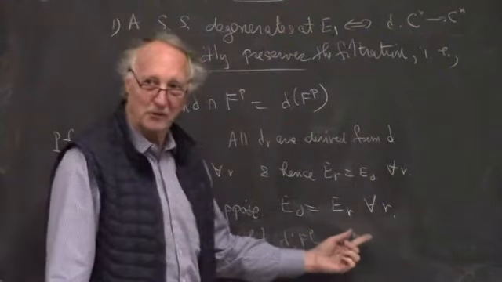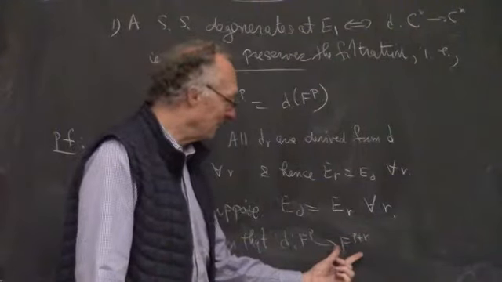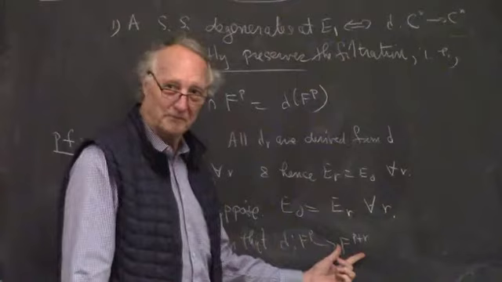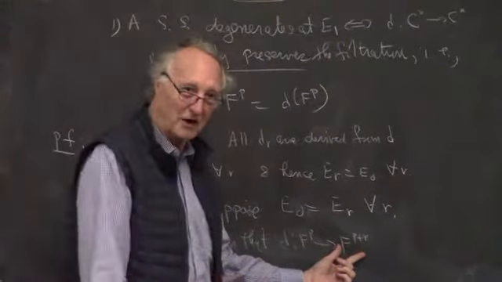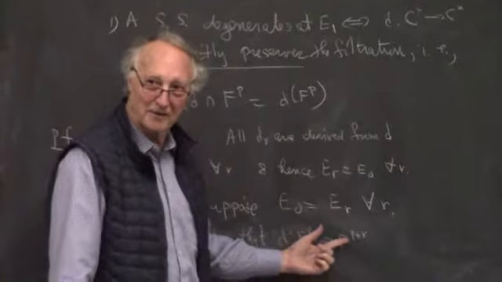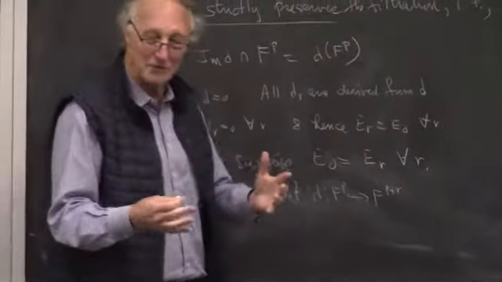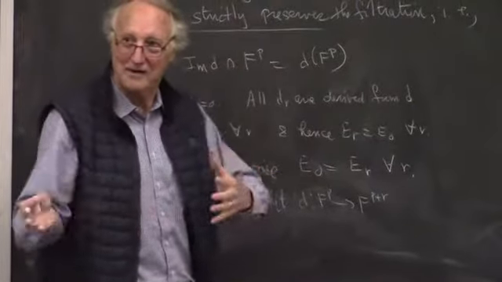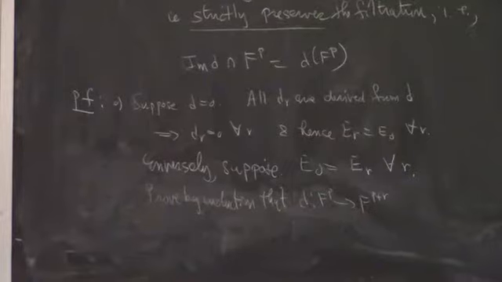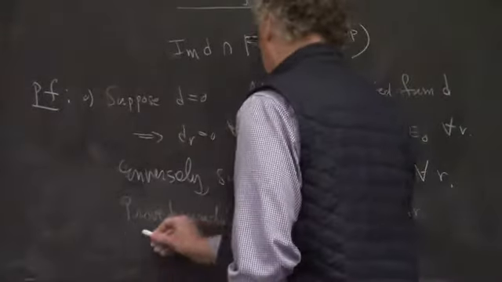If this is true for fixing P for all R, eventually by the finiteness assumptions in the spectral sequence, these terms are 0 for sufficiently large R, and therefore D restricted to FP is 0. You do that for every P, and again, using finiteness of the filtration, you see D vanishes on all of the cochains. Okay, so this is what we need to do.